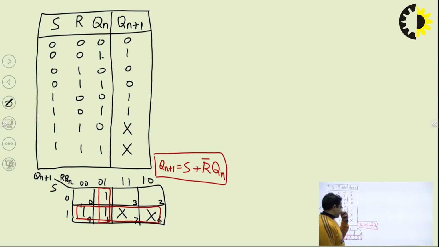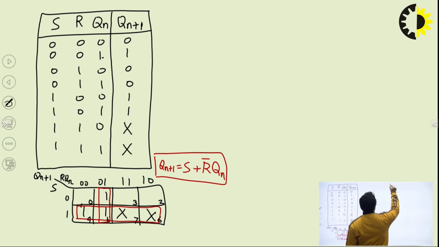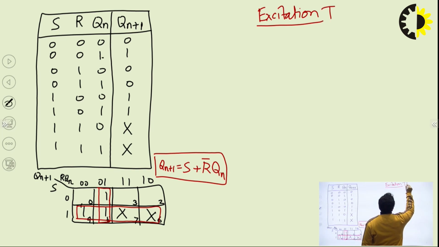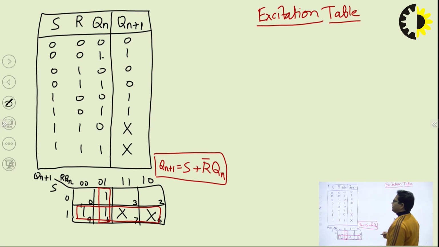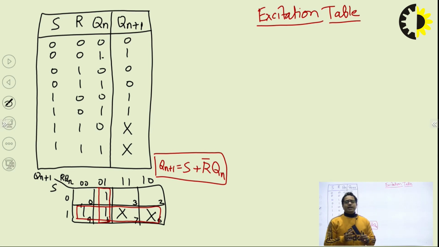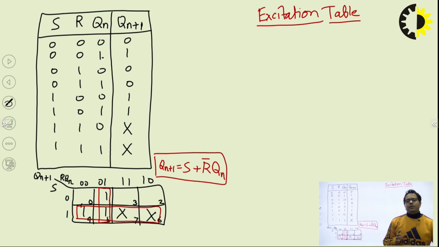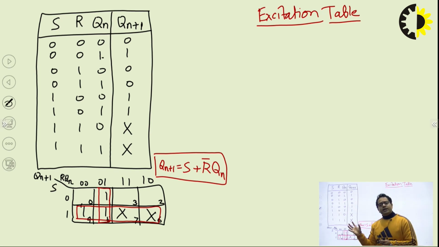Now similarly, we have to draw the excitation table. How to draw the excitation table: you have to keep some tricks in your mind. When we require an excitation table to design a circuit, whenever you are designing a circuit, the thing that keeps encircling in your mind is that you know what the output will be.